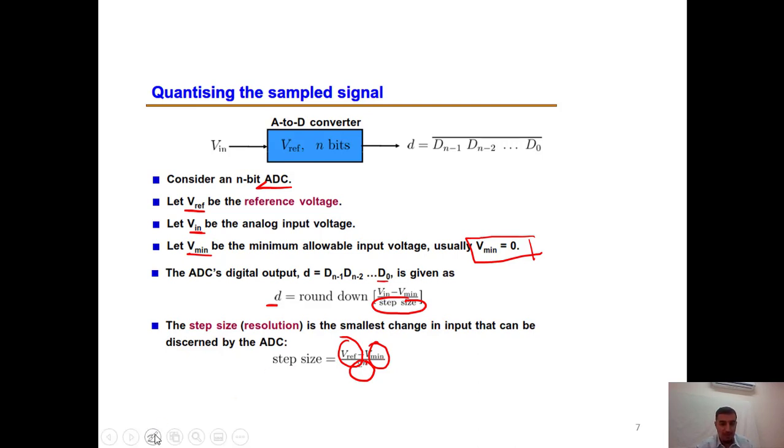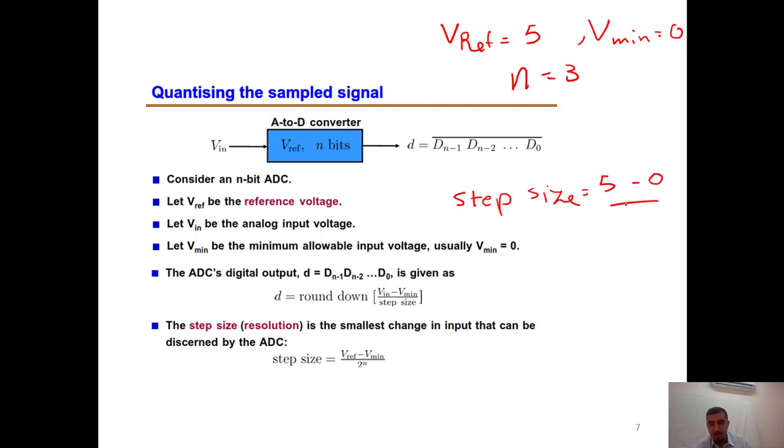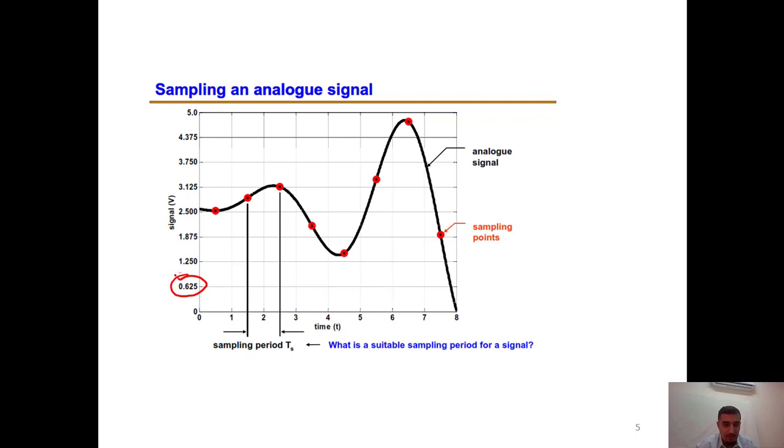So if my V reference is equal to 5 volts and my minimum is equal to 0 and n is equal to 3, I will get the step size equal to 5 minus 0 over 8, which is 0.625 volts. This is the step size for the one that I just discussed.